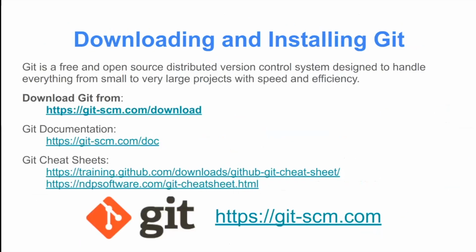So let's begin. The first thing, of course, is Git itself. In the slides, I have a link to the downloads. Git, again, is a distributed, open source version control system. It was created by Linus Torvalds, the creator and maintainer of the Linux kernel.